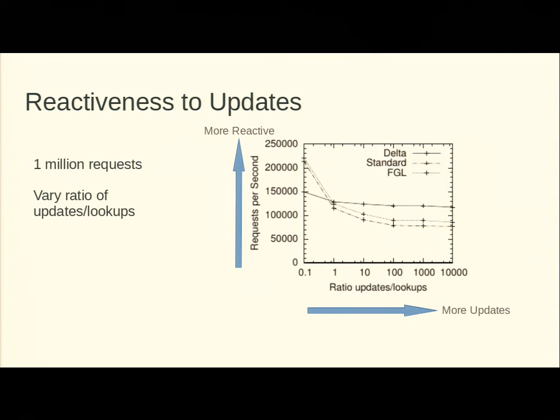Right, so we're trying to build a system that's heavily reactive to updates, mutations in the graph. So that's this first experiment that we run. When the update ratio is high, so this is an increasing number of updates compared to lookups, we do quite well. So we're comparing against what we call standard graph, which is just a simple node edge representation, right?